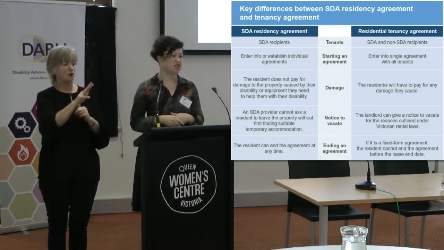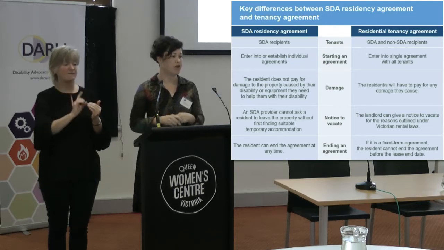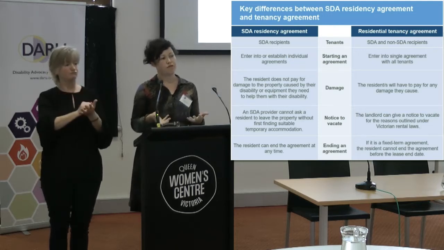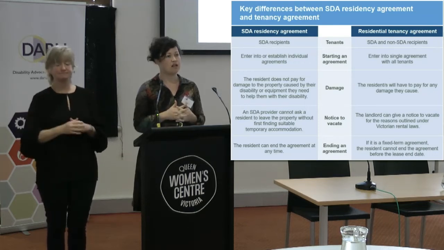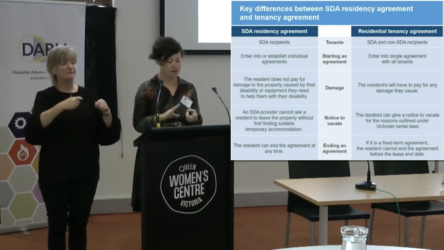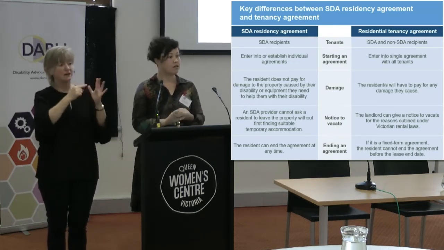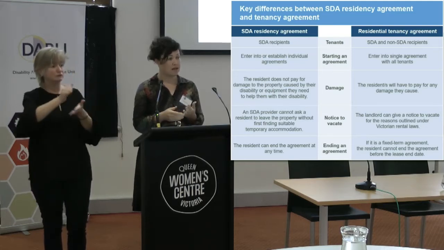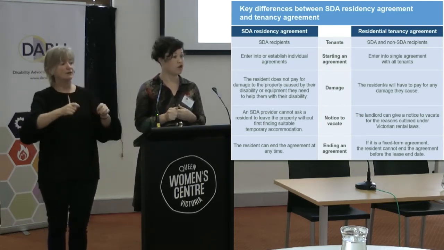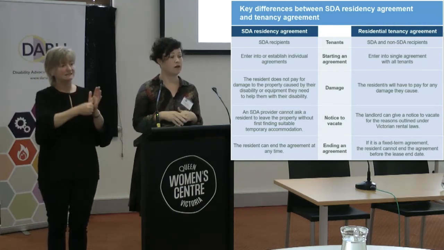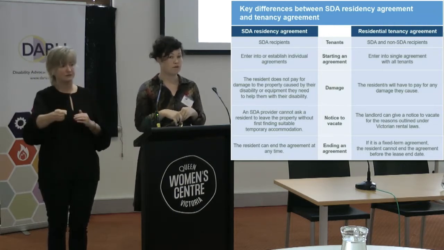So you can't ask someone to leave without first finding them suitable temporary accommodation. There are also notification requirements that an SDA provider needs to notify the NDIA, the Office of the Public Advocate, the Director of Consumer Affairs, and the resident's support provider, I believe, when they're given a notice of temporary relocation, and they have to notify those people within 24 hours.